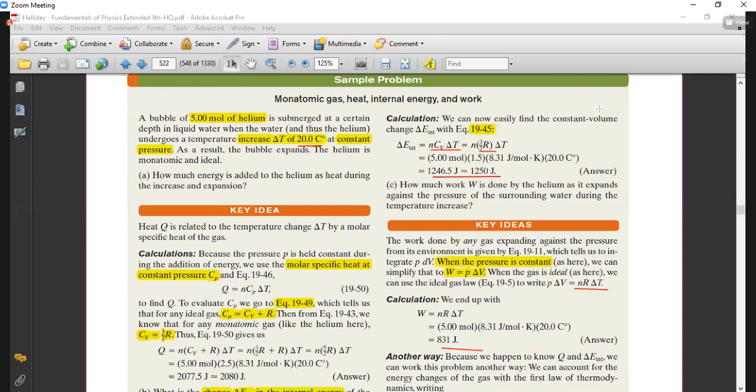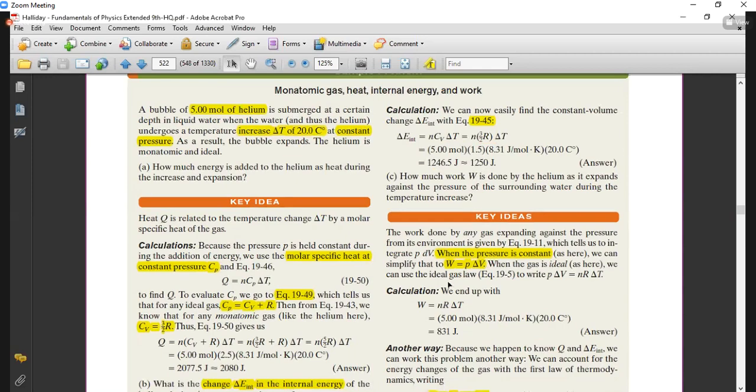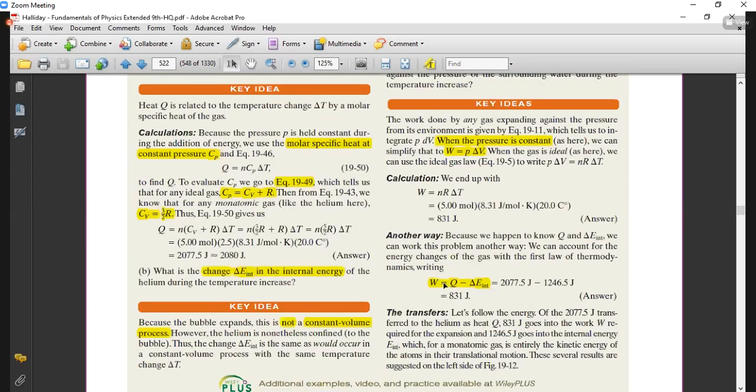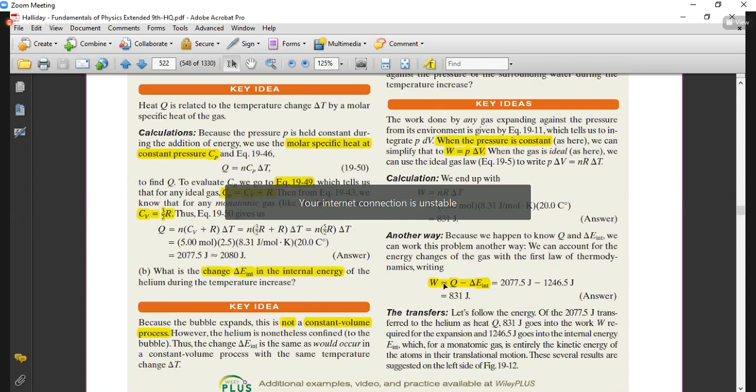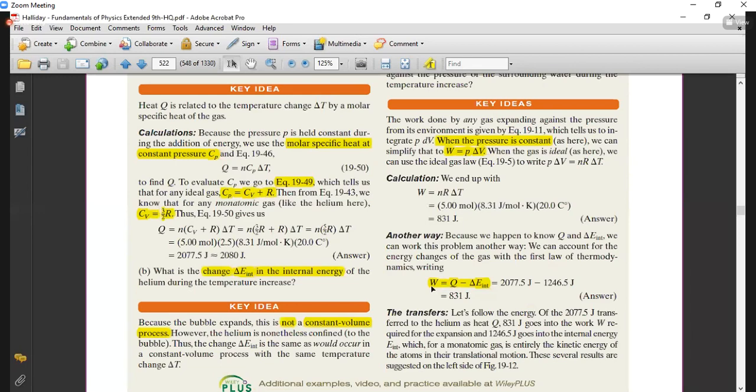I think this numerical is not that difficult, you just have to use certain relations. And he is saying there is another way: you can use the first law of thermodynamics to calculate the work done, because the change in internal energy is equal to Q minus W. So to find W, we do W is equal to Q minus the change in internal energy.